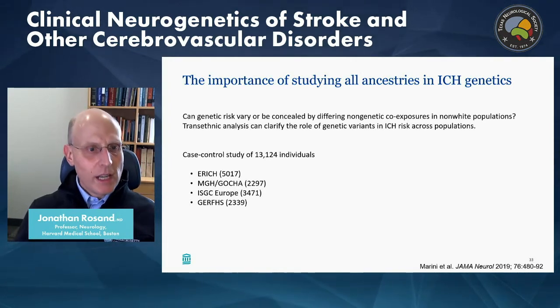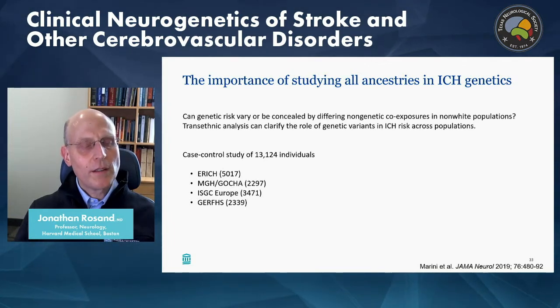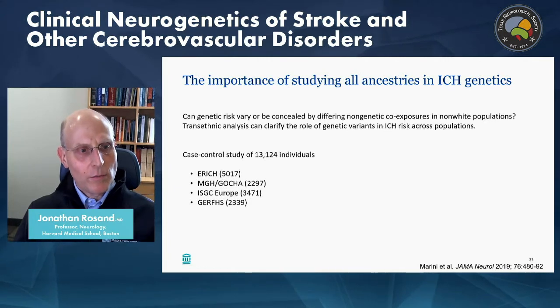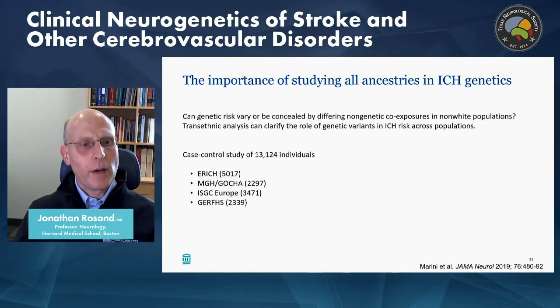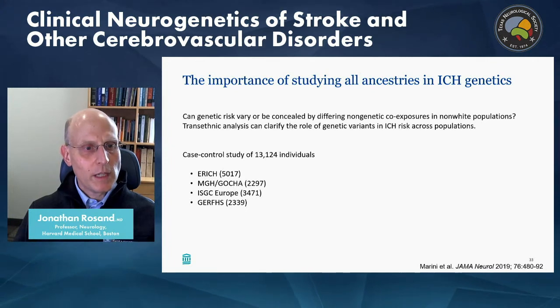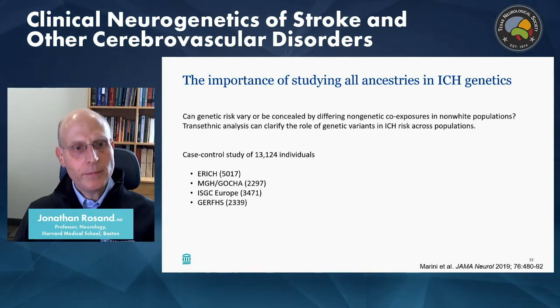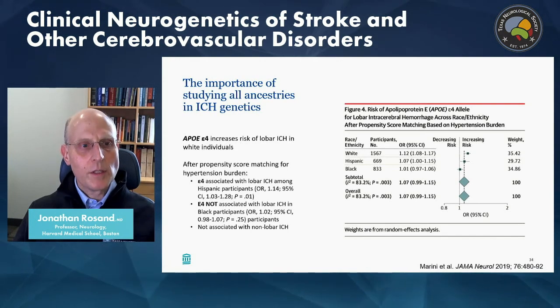In ICH genetics, it's a much smaller cohort than in ischemic stroke. These are various studies represented here at the bottom. With the exception of ISGC Europe, they're all from North America and mostly the US. 13,000 individuals.